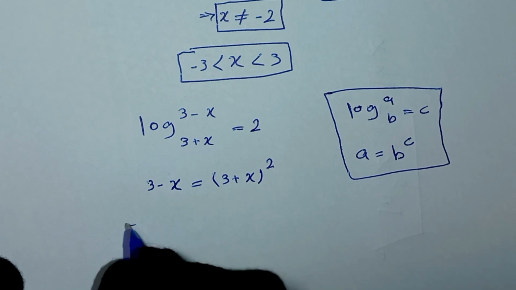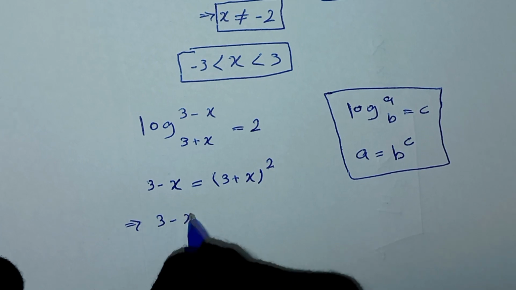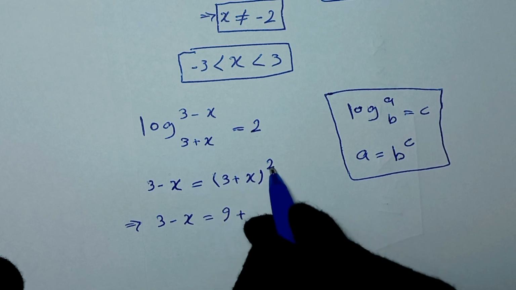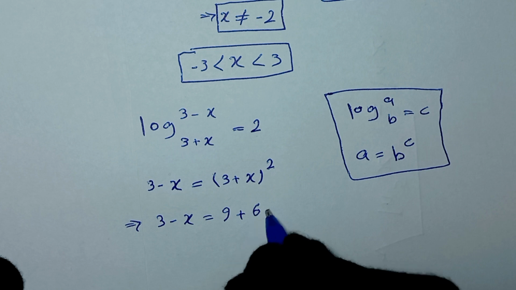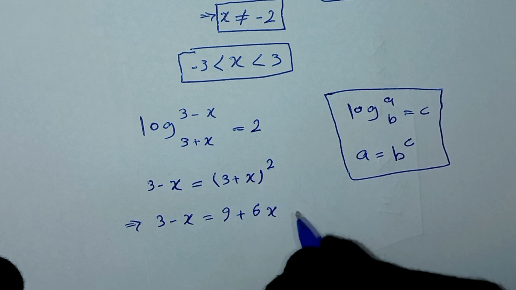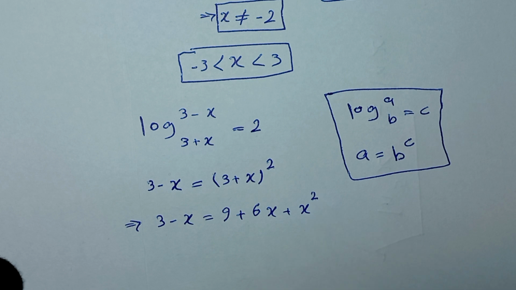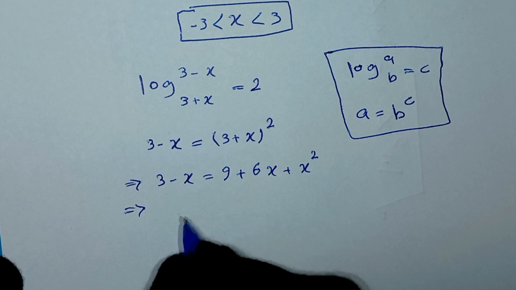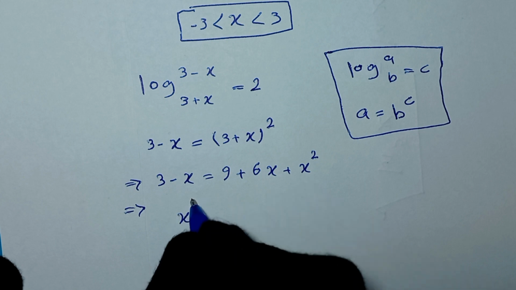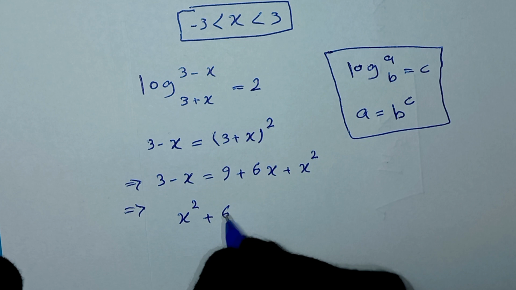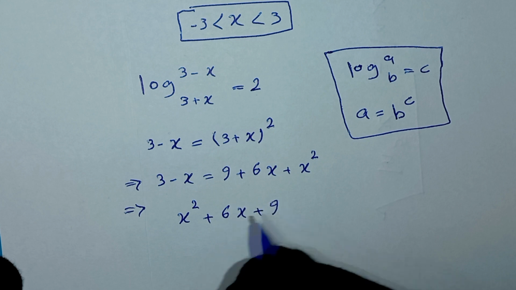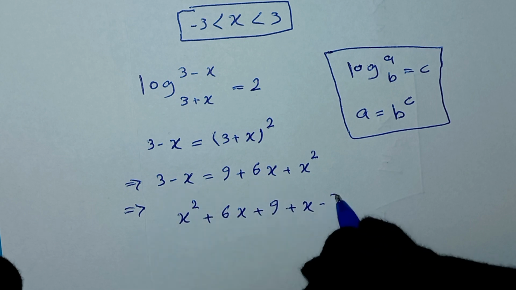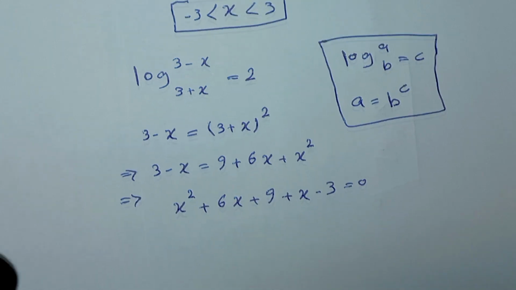And in here, it will be 3 minus x is equal to 3 to the power of 2 is 9, and plus 2 times 3 times x, it will be 6x, and x to the power of 2 will be x squared. And in the next step, we take this to the other side, so it will be x squared plus 6x plus 9, and this to this side is positive x, and this to this side is negative 3, is equal to 0.